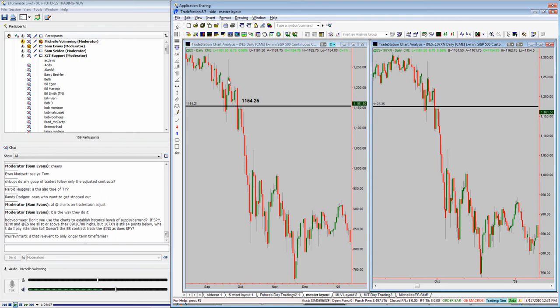That is not a tradable contract. You cannot trade the cash contract, but you can trade the S&P futures, the S&P exchange traded fund, and the big contract down in the pit. So the reason we're using this is for historical data. We're using the 107XN contract for historical data.